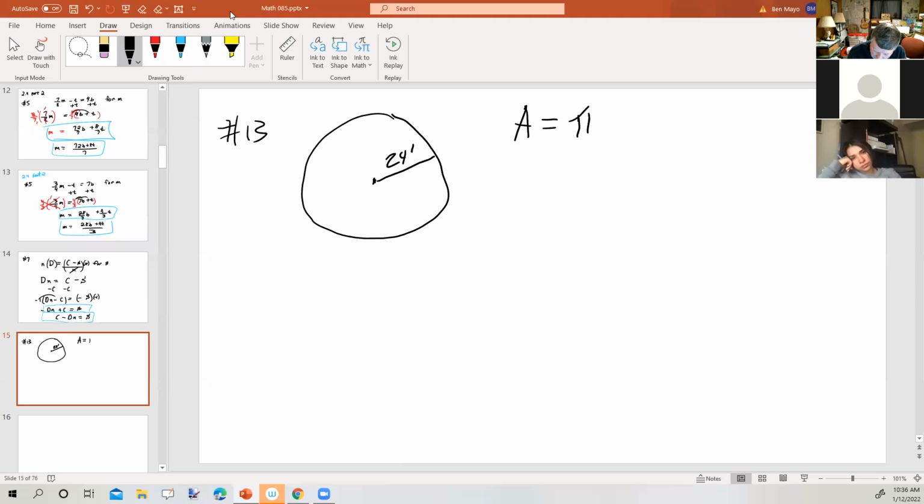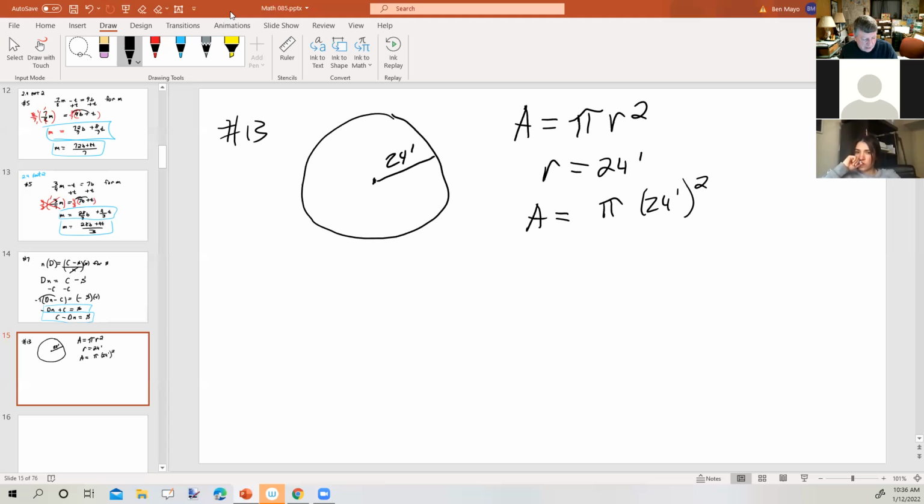Area is pi r squared. In this case, the radius is 24 feet. So the area would be pi times 24 feet squared. And we looked at yesterday how the author tends to use the pi button versus 3.14.